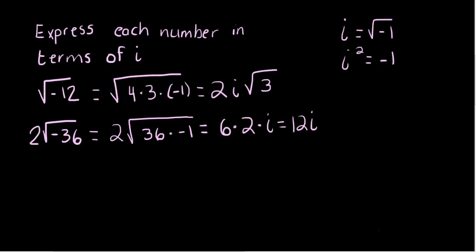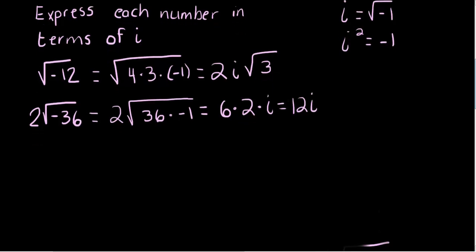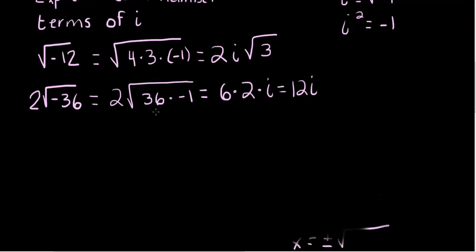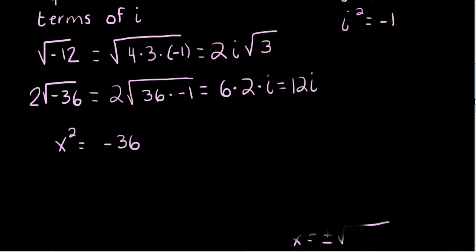12i. Now let's try to solve a couple of equations by using imaginary numbers. Let's say that I have to solve x squared equals -36. And remember, to solve is to find the value or values of x that make the equation true. So what do I do?